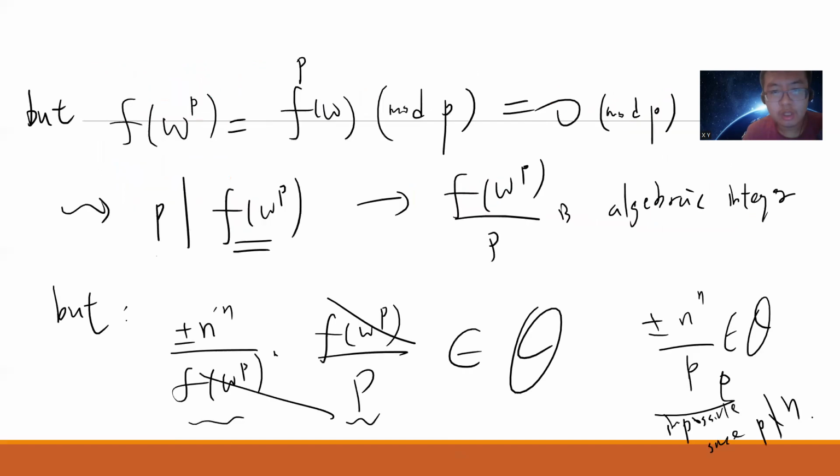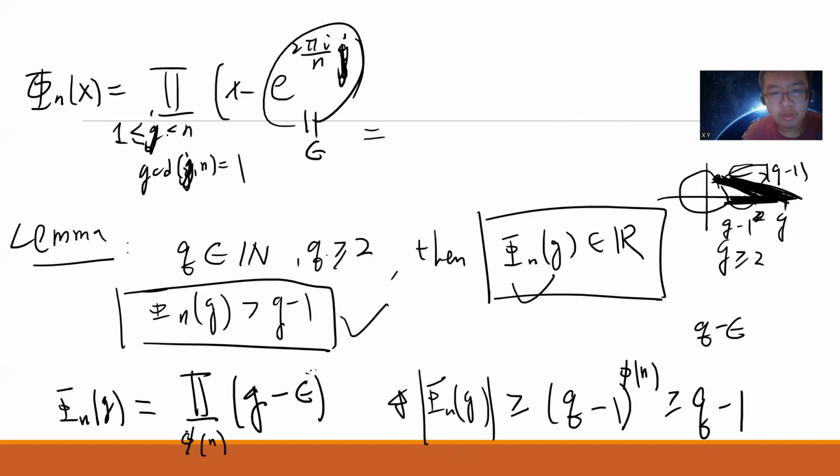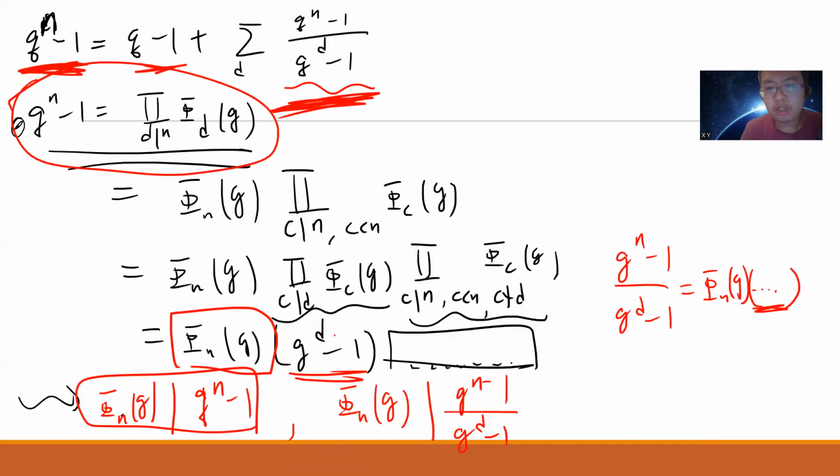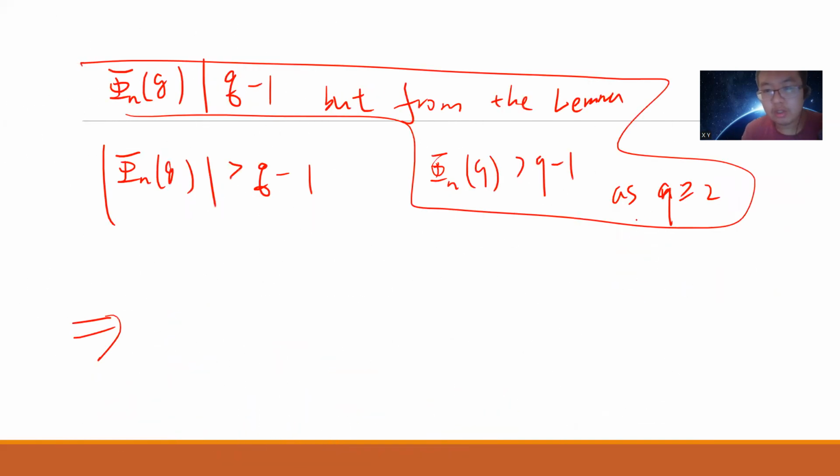Sorry, misleading. So this theorem also needs to assume that N is greater or equal to 2, right? Otherwise, if N is 1, then only 1, right? If N is 1, then phi N of Q is just Q. Okay, so this is true only for N greater or equal to 2 and Q greater or equal to 2.